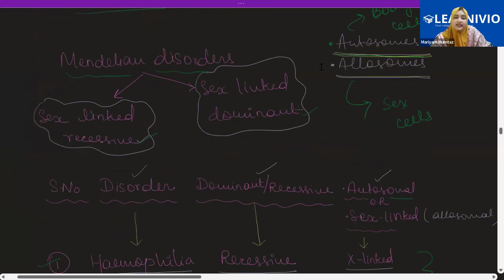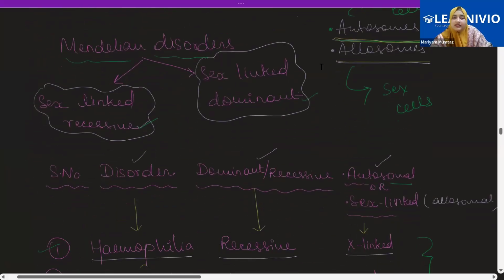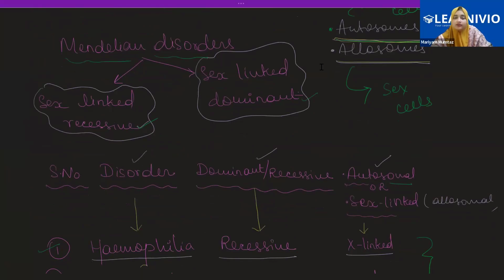Now let us discuss the diseases. The disease could either be sex-linked or autosomal. Amongst the sex-linked, it could be sex-linked recessive, which will be expressed in homozygous recessive condition, and sex-linked dominant, which can show itself in homozygous or heterozygous conditions, both.